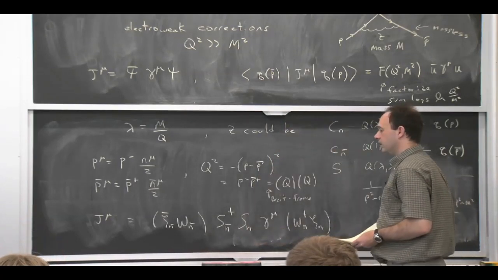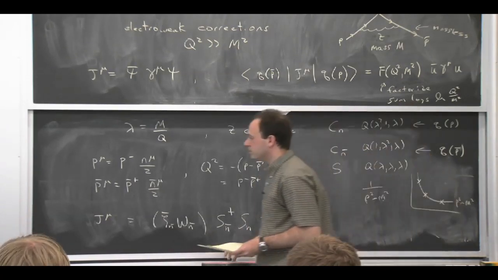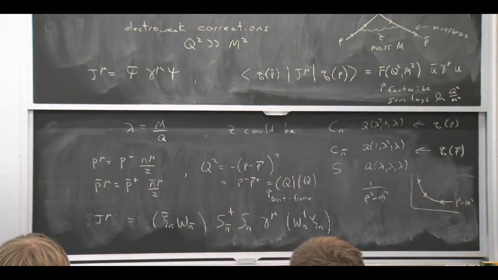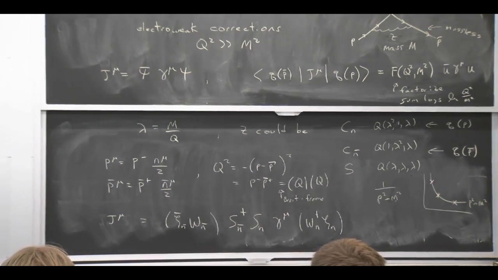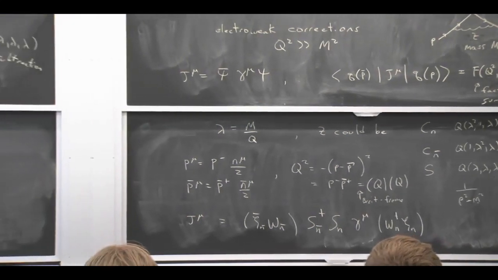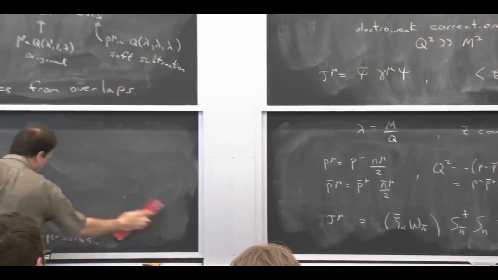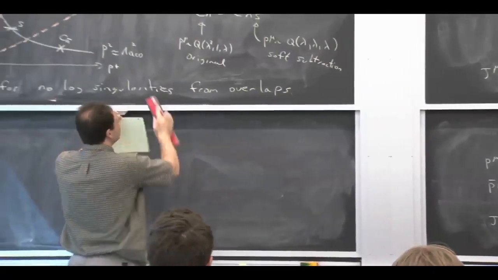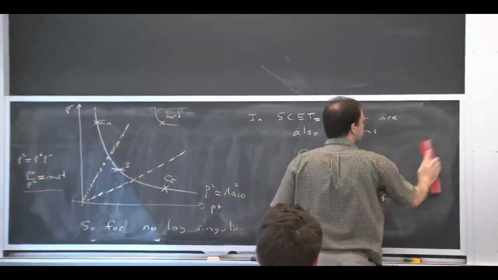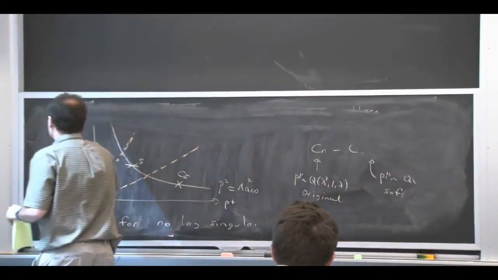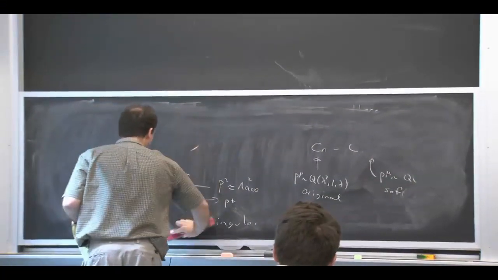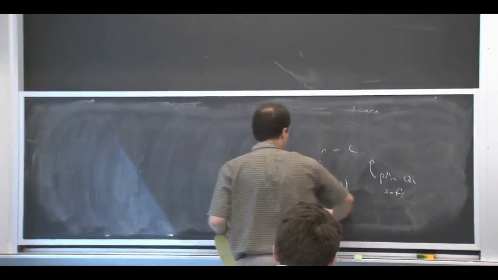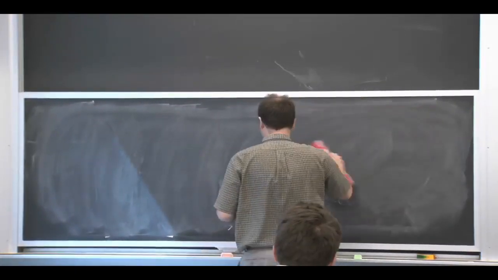Okay, so the current would look like that. And I'm not going to worry too much about the Dirac structure. So I won't worry, for example, about gamma 5s. And we could put that in, it's easy. So that's the leading order current, and then we'd have leading order Lagrangians, and we just start calculating.